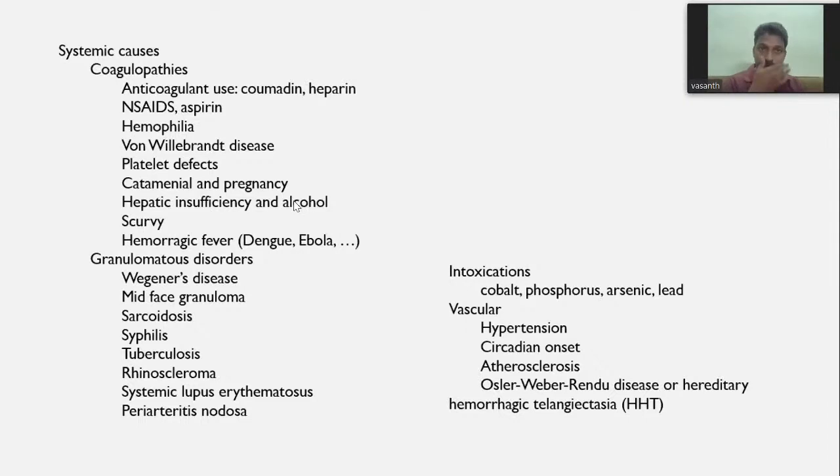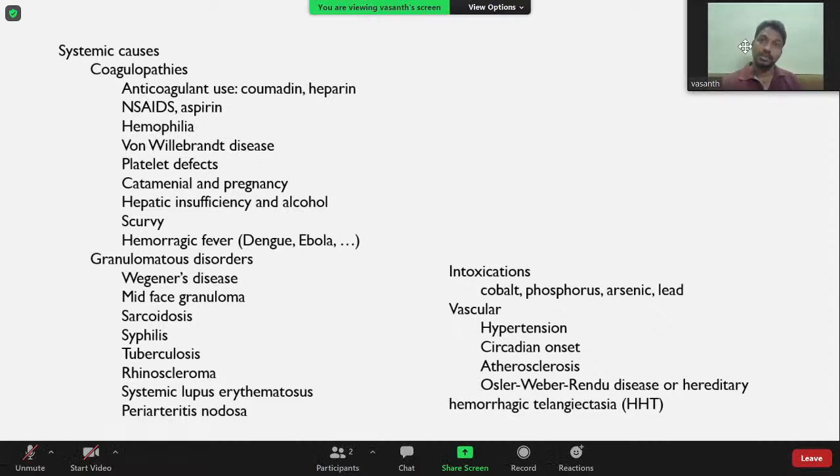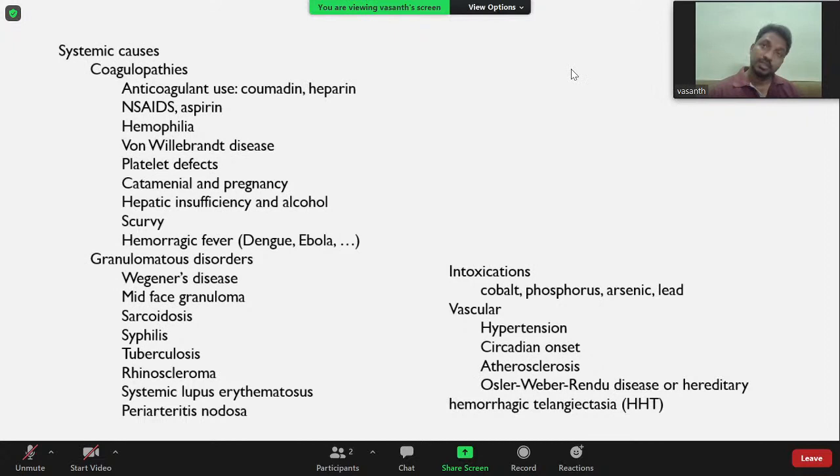The systemic causes include coagulopathies, anticoagulant usage, anxiety, hemophilia, von Willebrand disease which is very common, platelet defects, hepatic insufficiency, scurvy, hemorrhagic fevers like dengue and Ebola virus disease, and then granulomatous conditions of the nose like Wegener's granulomatosis, midline granuloma, sarcoidosis, syphilis, tuberculosis.